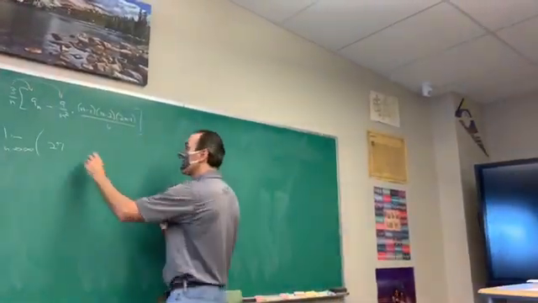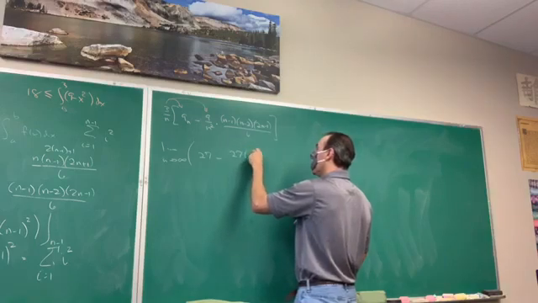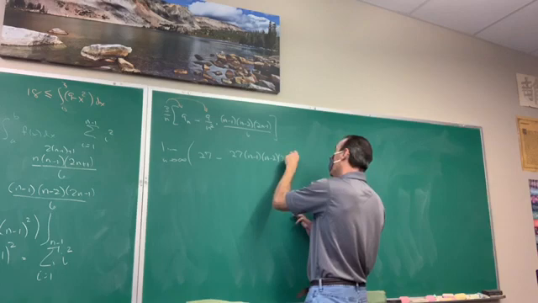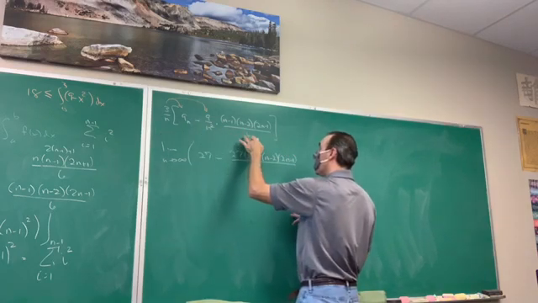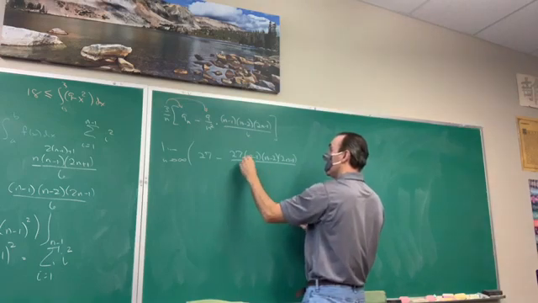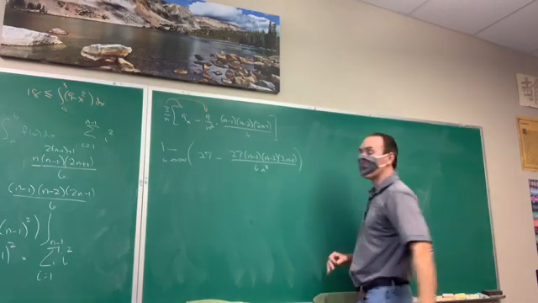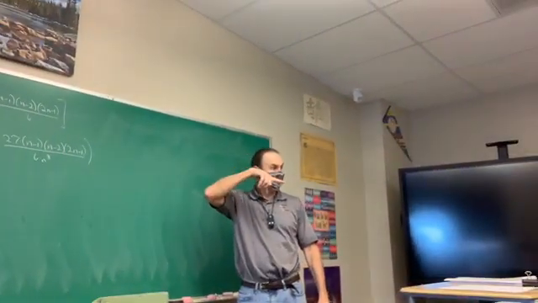It's going to be a minus 27, n minus 1, n, 2n minus 1, all over 6n to the third. Okay? So here again is where I love the fuzzy math. You okay, Zane, with that?